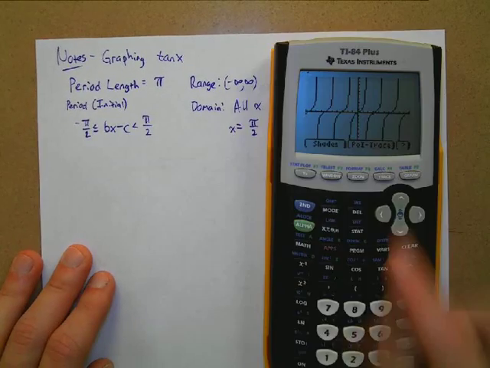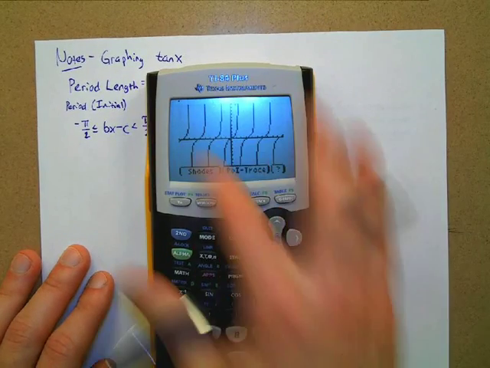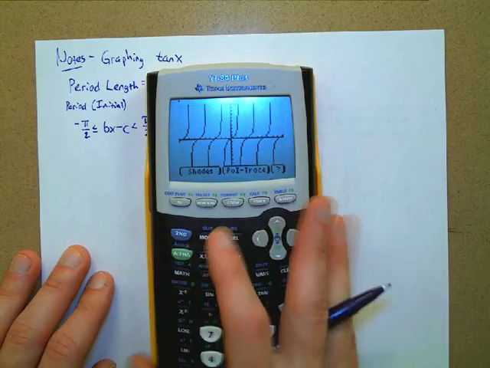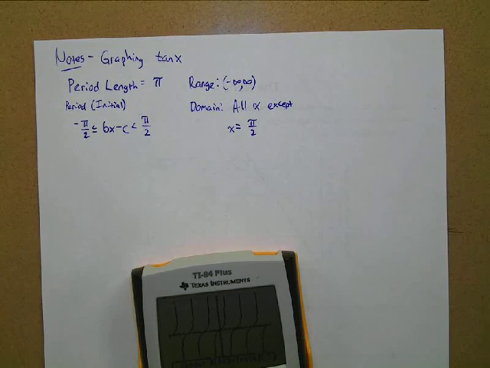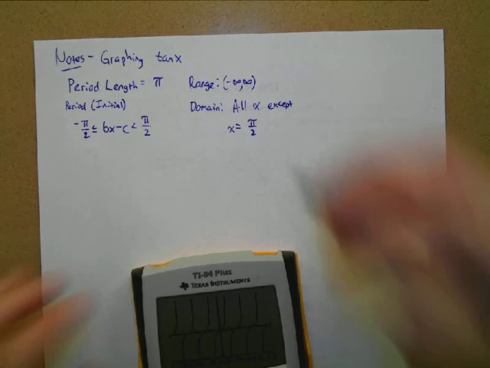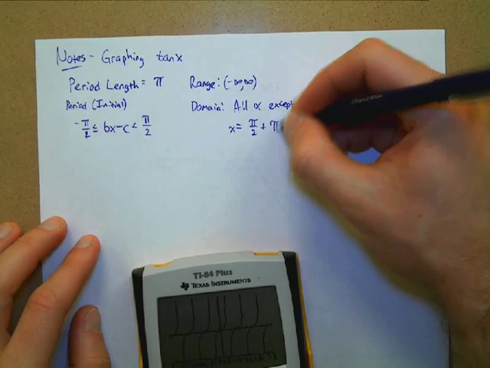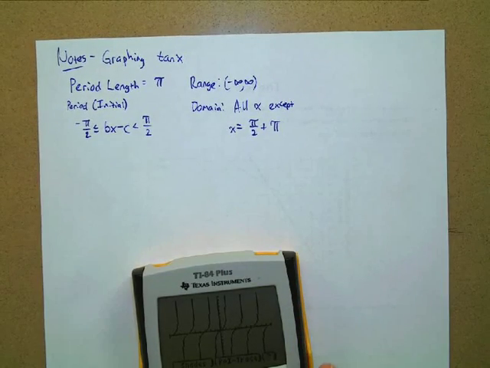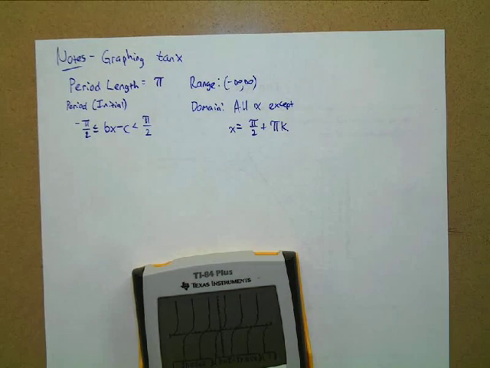So how are we supposed to say an infinite number of single points that don't occur? Well, here's how we fix that. We're going to take that pi over 2, we're going to add pi to it, because again, I said it repeats every pi. And I'm going to put a pi k. Okay? And k is an integer, we'll say.